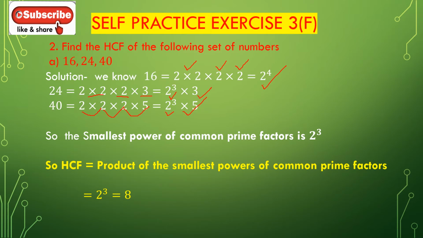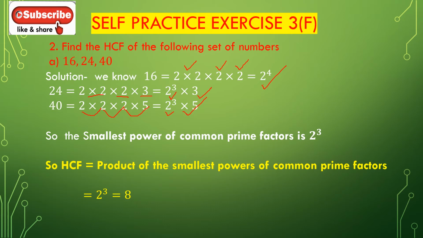Now we have to find the smallest power of common prime factors between these three numbers 16, 24 and 40. In 16 there are four 2s, in 24 there are three 2s, and in 40 there are three 2s.